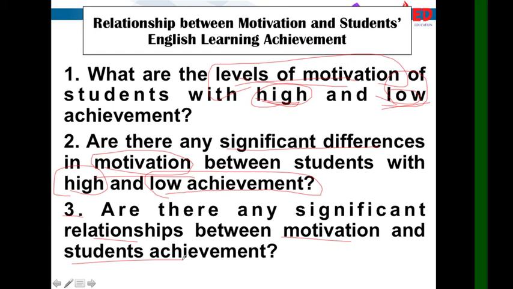Kapag mababa ang motivation na na-receive ko, mababa rin ang performance ko sa English. So, dito sa number 3 question niya, makikita ko na yung answer ko at masasagot ko na yung purpose or objective ko.